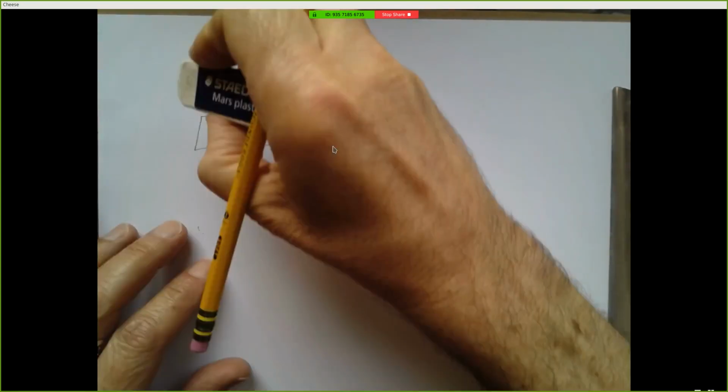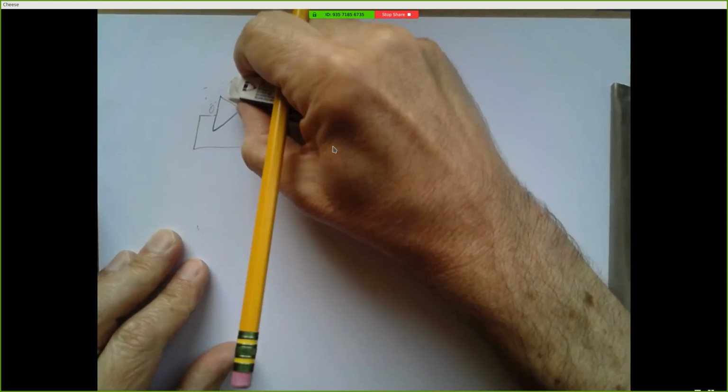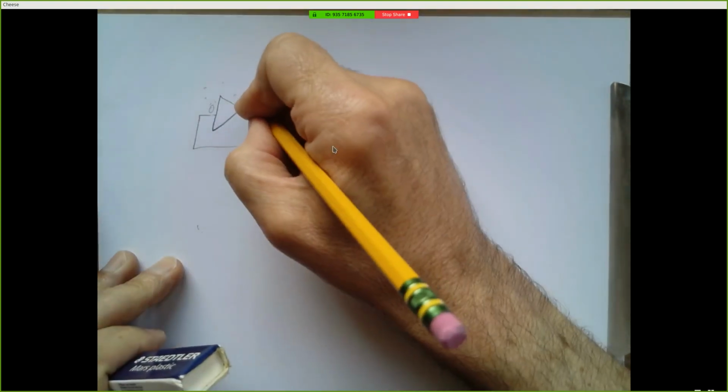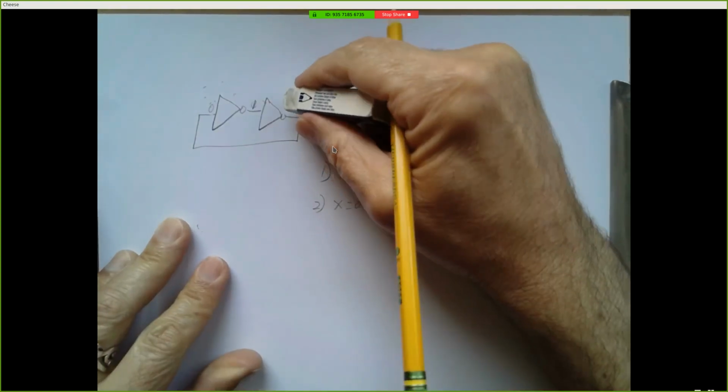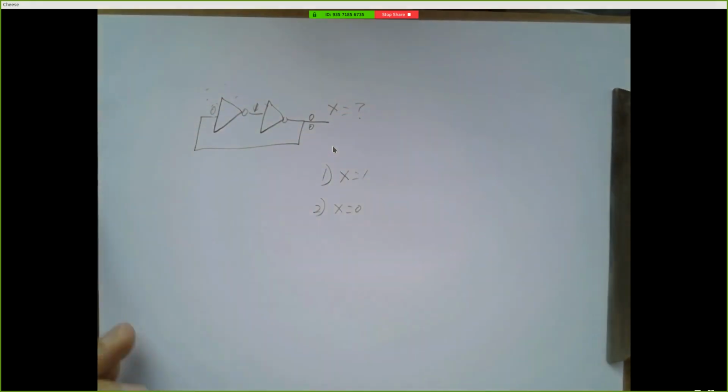And if x is a 0, then the input of this inverter is a 0, which means the output is a 1. And if you have a 1 going into an inverter, the output of that is a 0. So depending on what the original value of x is, it's going to stay at that value. But we don't know if it's going to start off and stay at a 0 or at a 1.